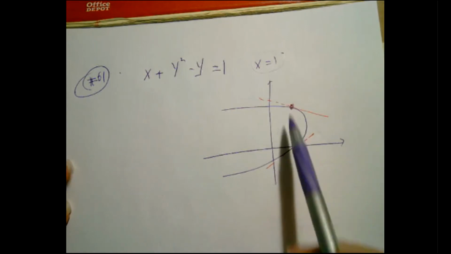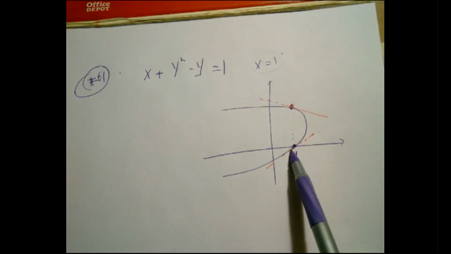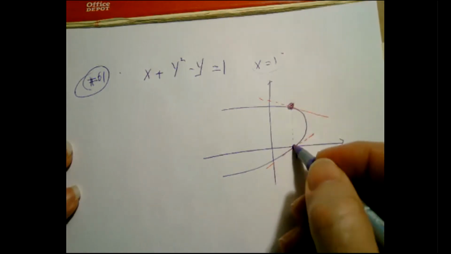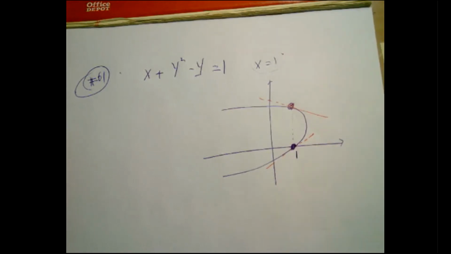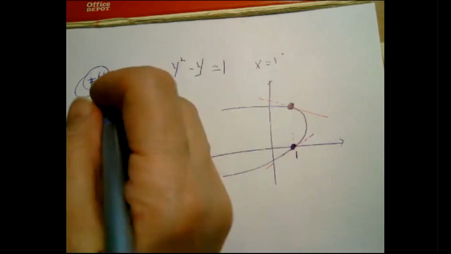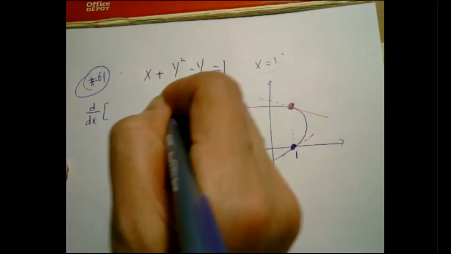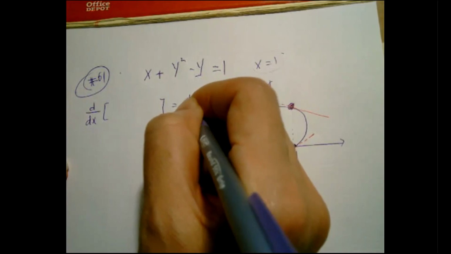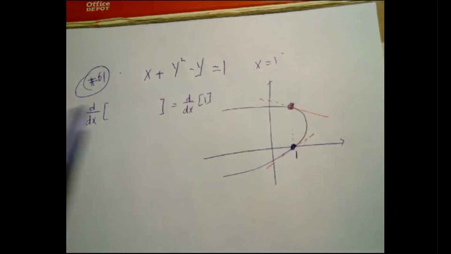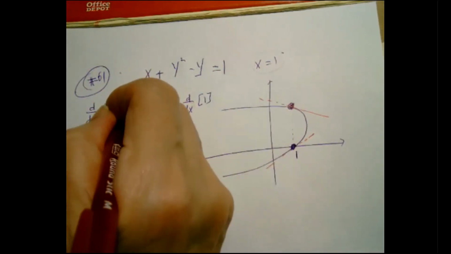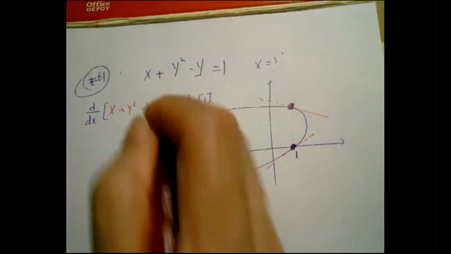Okay, so first we have to find y prime. Exactly. And then we have to find this point and this point, basically, and figure out both slopes. So first, y prime. Again, I said the derivative of that equals the derivative of this. So this is x plus y squared minus y.